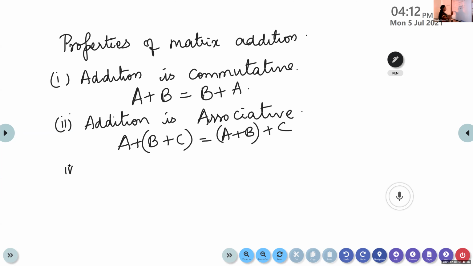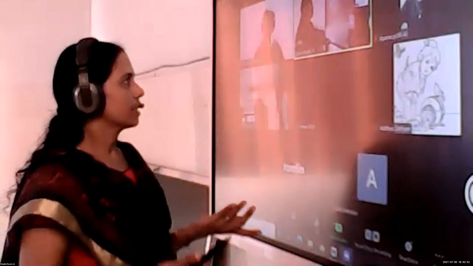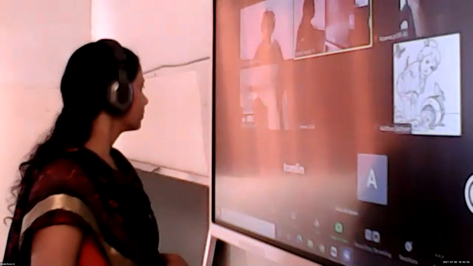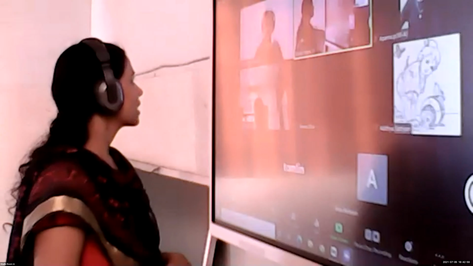Now, third one, additive identity. What is the additive identity, children? In the number system, if you take integers, which is the additive identity?